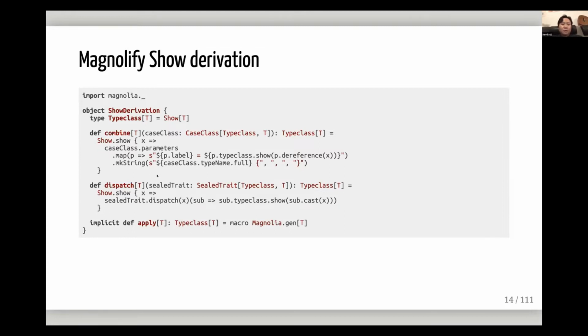So from a root, let's say Shape, it dispatches to one of the subtypes, for example Point, Rectangle, or Circle. At last, we have an implicit method to summon this derivation macro in Magnolia. So let's take a closer look at the two methods, combine and dispatch, and all the parameters in question here.